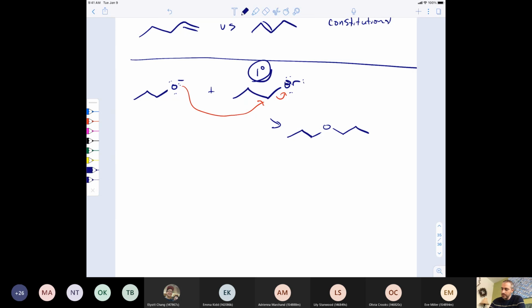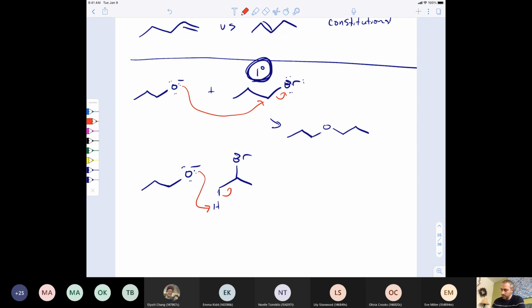This has to be primary or methyl, because if it's not primary or methyl, the reaction you get instead is an elimination, right? If you tried to do this reaction, it's not going to give you an SN2 as the major route. It's going to give you an E2 as the major route.